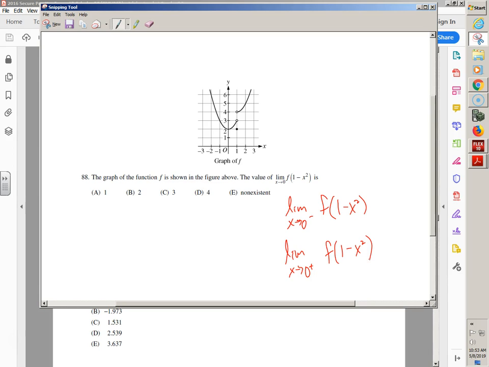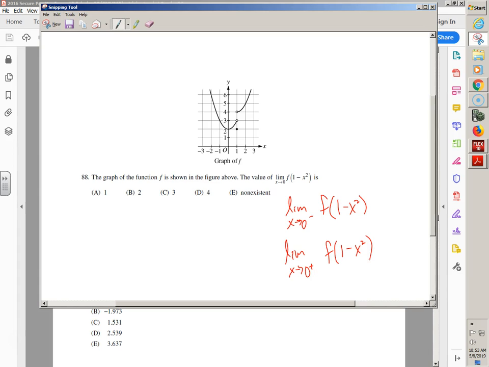But limits don't exist necessarily at values, unless the two sides agree. So if the two sides agree, the limit will exist, and even if the limit exists, it might not be at the point. So what we have to think about is the following.